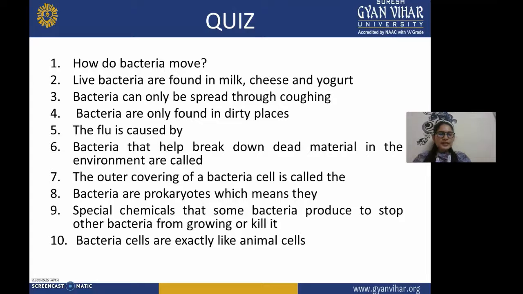Special chemicals that some bacteria produce to stop other bacteria from growing or to kill them are called what? And bacterial cells are exactly like animal cells. You have to answer either true or false, or answer the particular question. While going through the lecture, you will get to know about these questions.